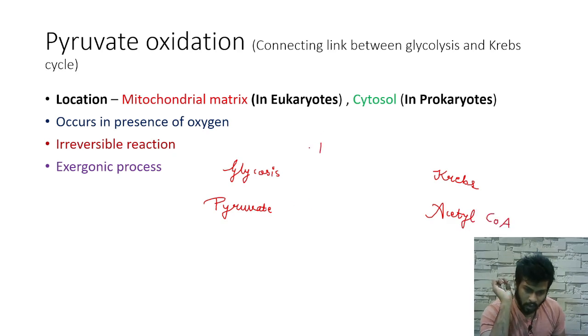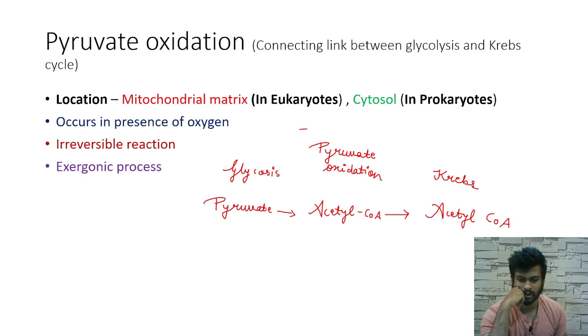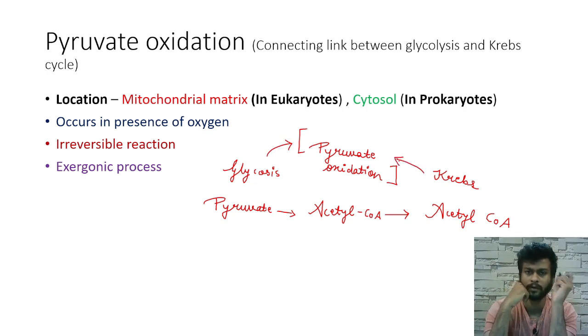In pyruvate oxidation, pyruvate is converted into acetyl coenzyme A, and this acetyl coenzyme A will enter the Krebs cycle. So can we observe that pyruvate oxidation is the connecting link between glycolysis and Krebs cycle?